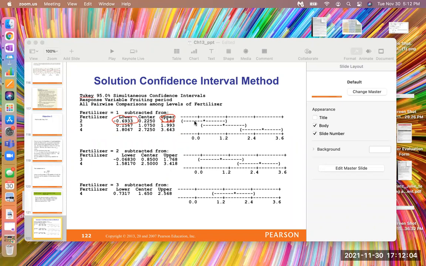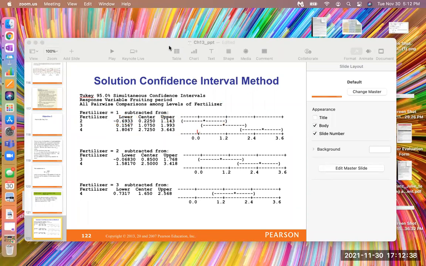The big thing is that it does contain 0. So they think there's really no difference between fertilizer 1 and fertilizer 2, and we could say the mean of fertilizer 1 is equal to the mean of fertilizer 2. That's because 0 on the number line falls inside that interval. So we say the means are equal because we're 95% confident that the difference is somewhere close to 0.